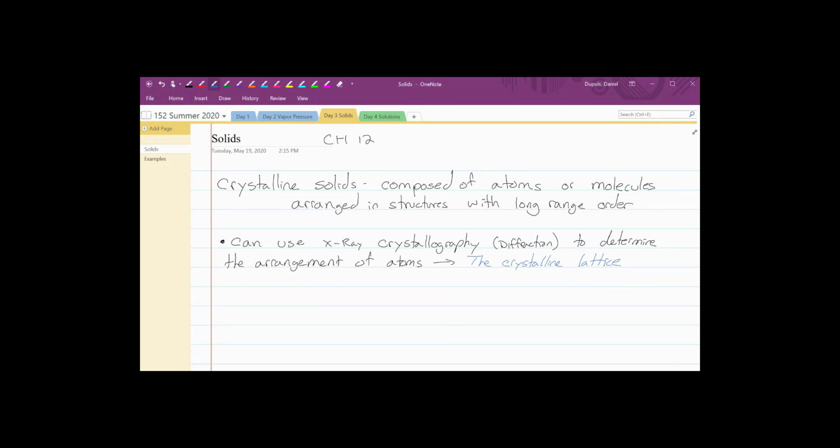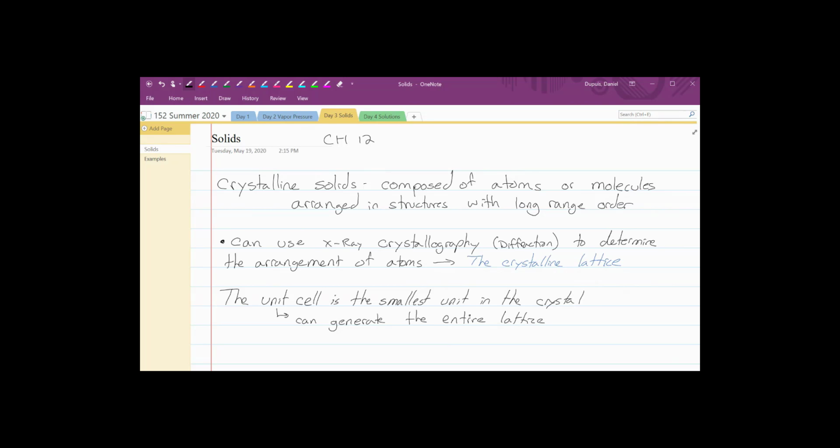All right. So now there's something with this called the unit cell. And the unit cell is the smallest unit in the crystal. And from the unit cell, you can generate the entire lattice.